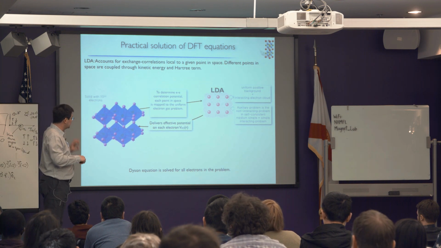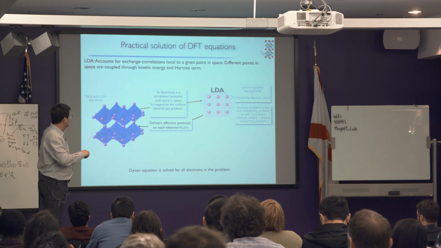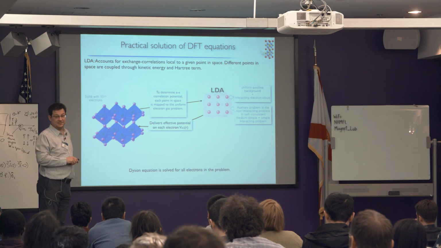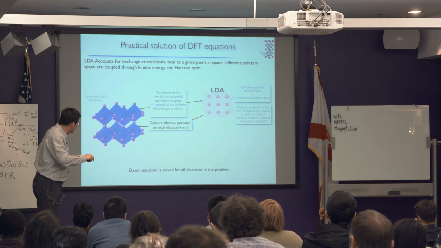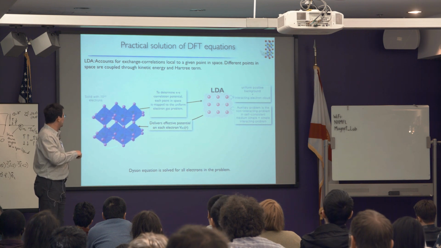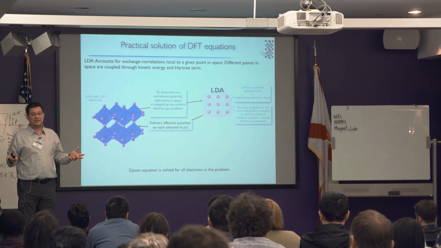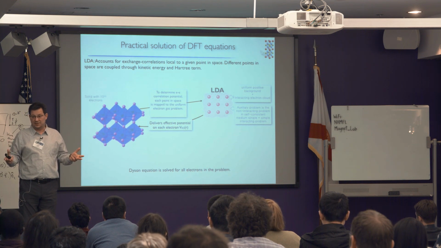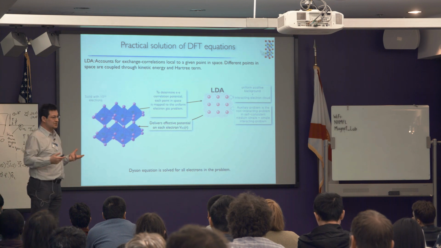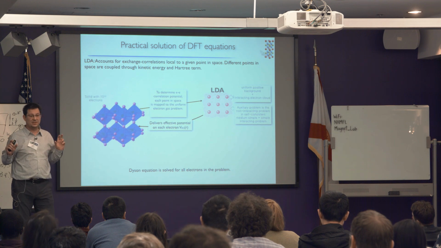But in order to solve the rest, the exchange correlation part, you map each point in space to a problem of a uniform electron gas, okay? And then this gives you an effective potential, which we sometimes call V quantum, and this defines a non-interacting problem of a solid, an effective mean field non-interacting problem of a solid, which you can solve. And the important point is the Dyson equation is solved for all electrons in the problem, okay?